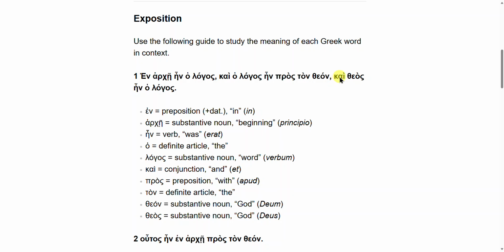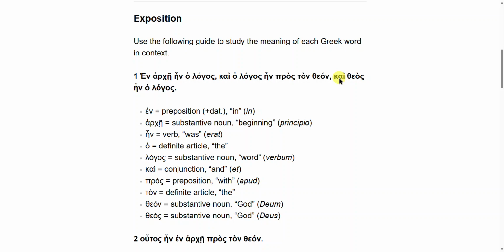The last phrase reads kai theos ein ho logos, and we don't need any new vocabulary help here. The only difference is that in the previous phrase, we have theon in the accusative case, and here we have theos in the nominative case.